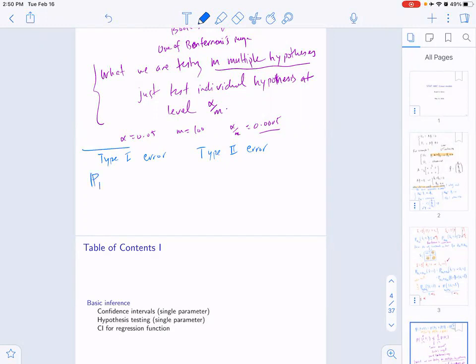This is the probability that I make an error under the null, or the probability that I reject H naught, given that I'm working under the null. So what is this guy? Probability under what?